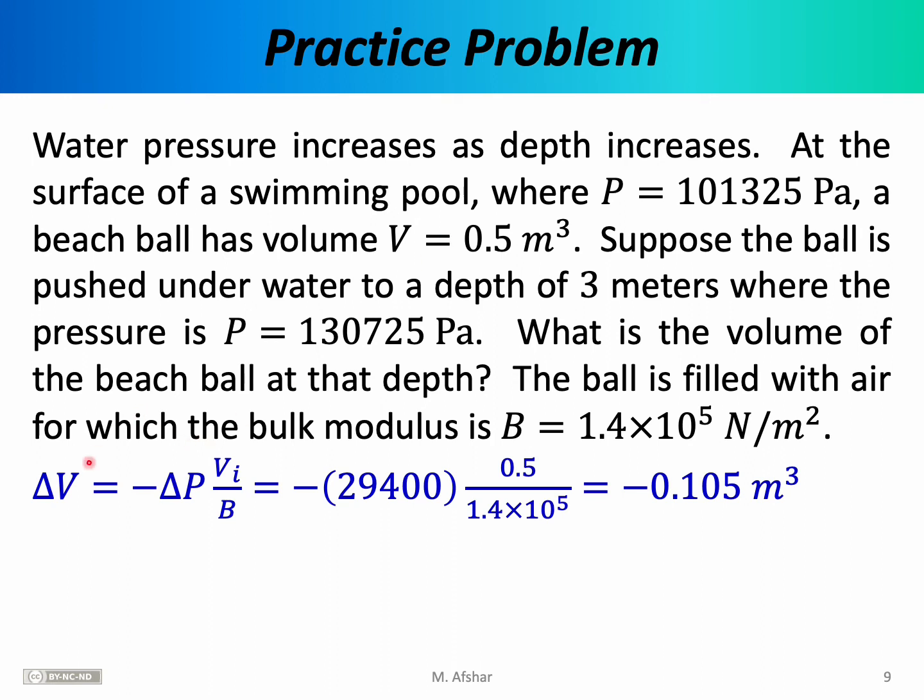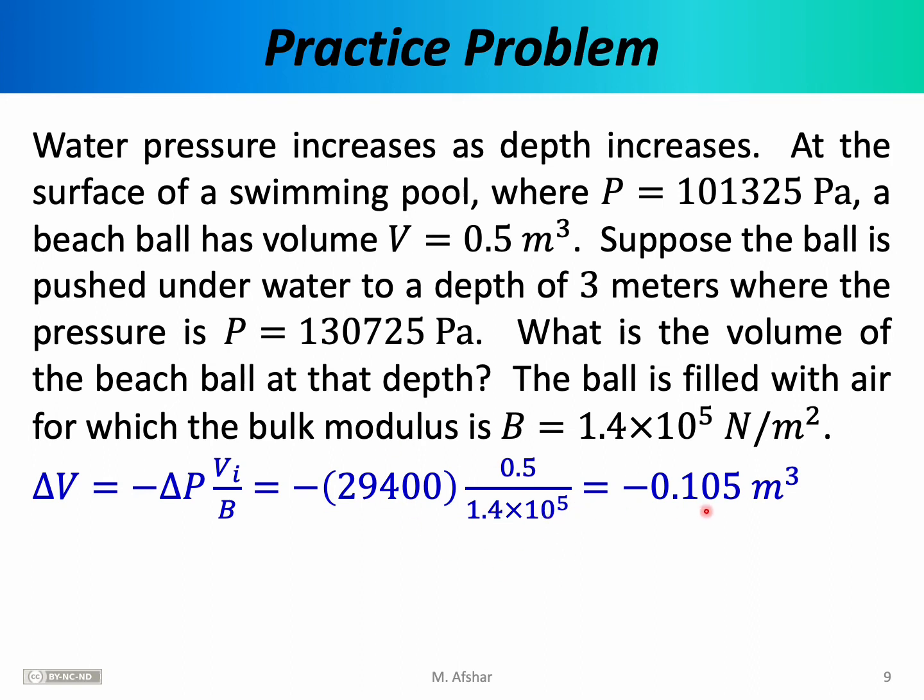Recall that the change in volume is equal to the negative of the change in pressure times the initial volume divided by the bulk modulus. The change in pressure can be found by essentially subtracting the initial pressure from the final pressure. The initial volume is 0.5 and the bulk modulus is given to us as 1.4 times 10 to the fifth.